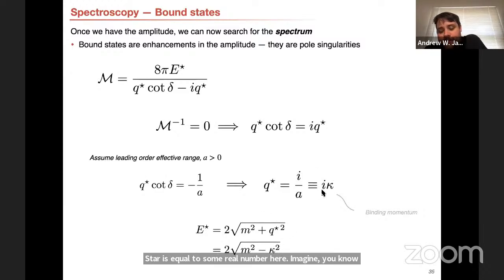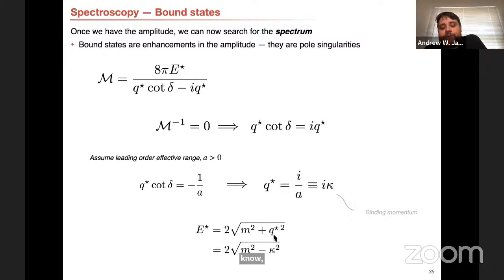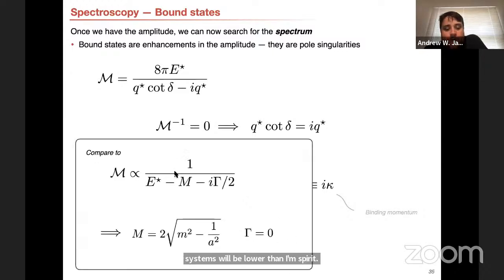In general, kappa squared for these type of systems will be lower than m squared. So this is a real number. There's no imaginary part. Therefore, we can identify immediately in this case that gamma is equal to 0. So we have a stable bound state. And the mass of the particle is twice times the square root of m squared minus 1 over a squared. So these are the values of the mass and decay width of the particle. It's a stable bound state.